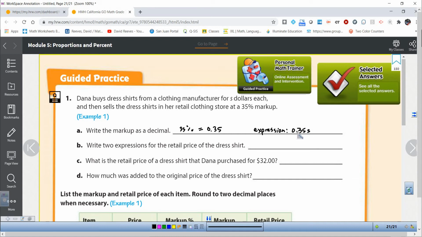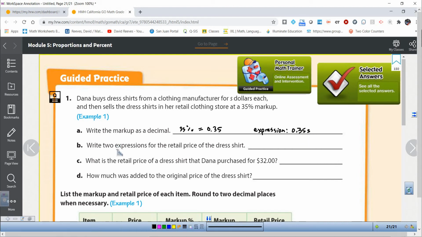The markup percent as a decimal is 0.35 without the S. I'm pretty sure they just wanted this first one, but I wanted to make sure you know the expression is that. So if they ask you for the markup as an expression, there it is.